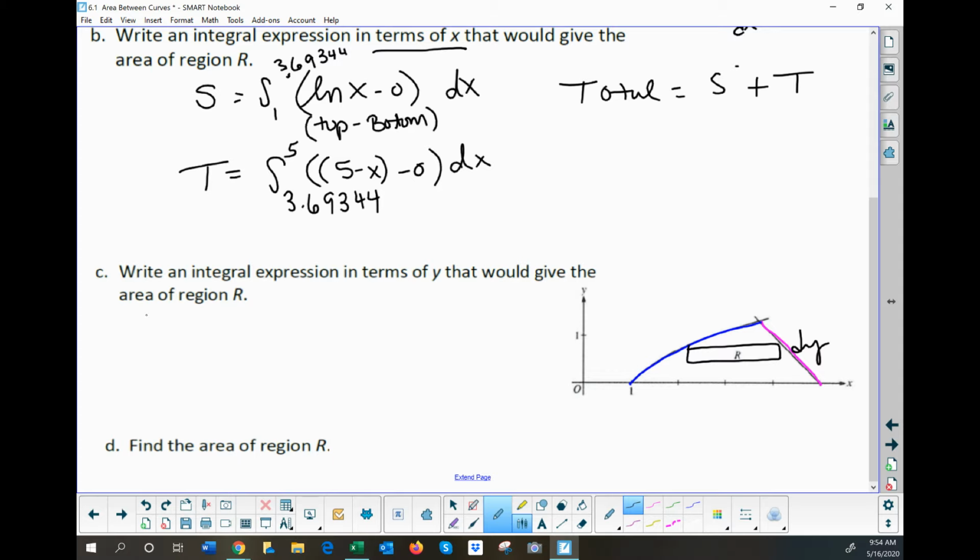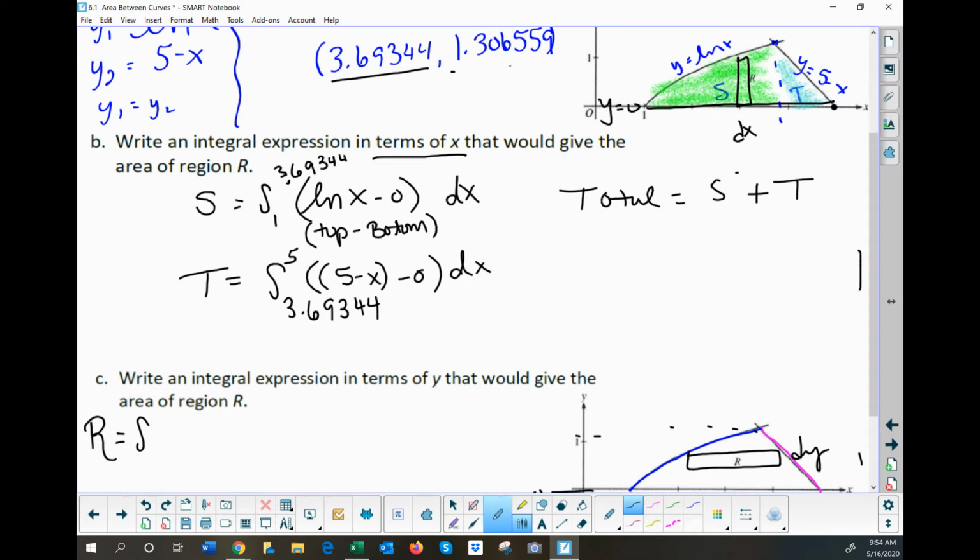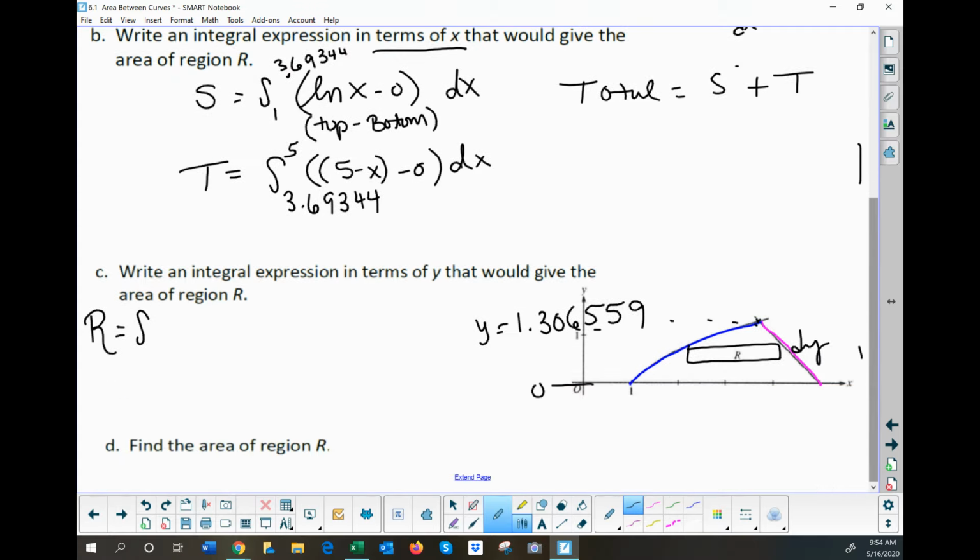All right, so we are going to integrate one big region R, and that's going to be from 0 to that height, and I got to go back up here, which was 1.306559. That's that y value.